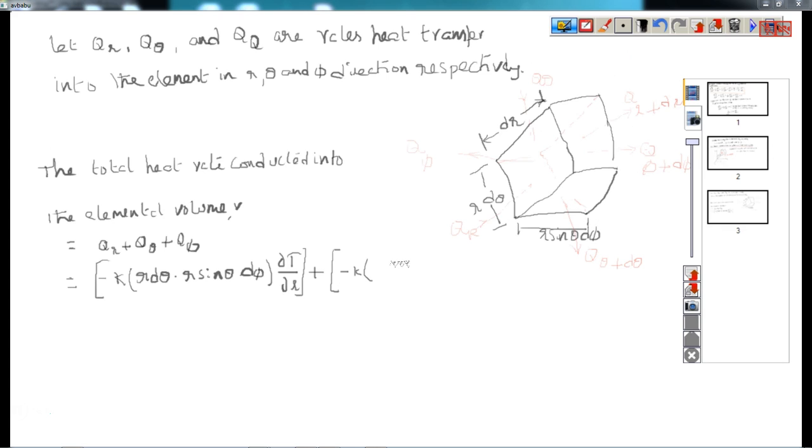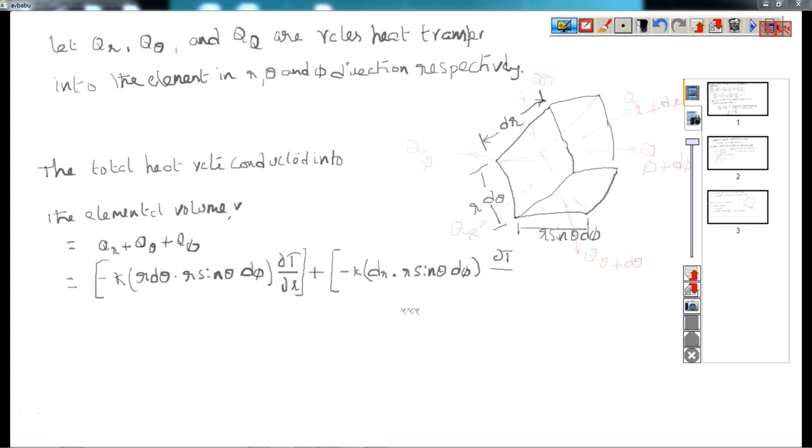Therefore dr into r sin theta d phi into dou T by, the length in the theta direction being r d theta.